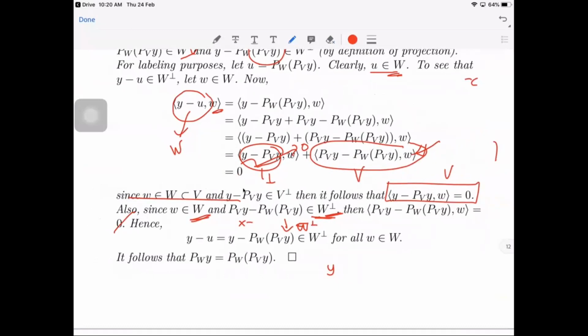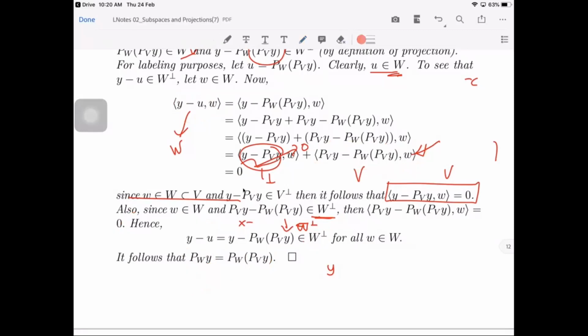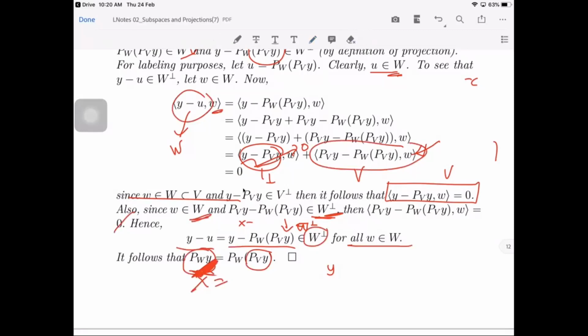It means that this one is in W perp. So, we showed here that really this vector x is the projection of y unto v unto w. Okay, projection man siya. Kanang y unto w.